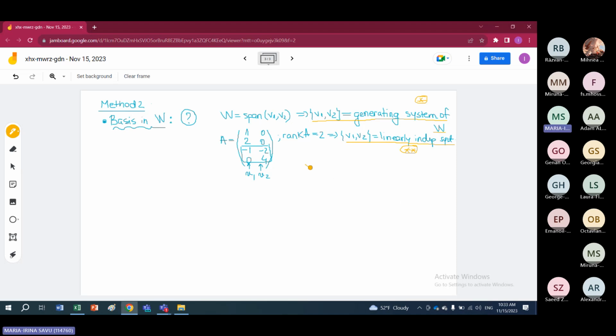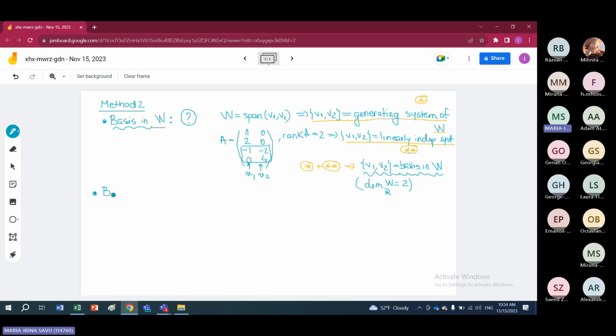So from double star, we have that the set formed with V1 and V2 is a basis in W. So we have found the basis in W, and the dimension of W in this case is 2, because you have two vectors in this basis.